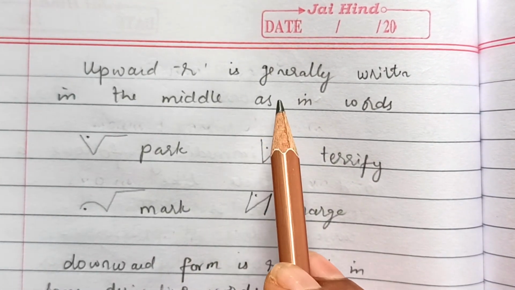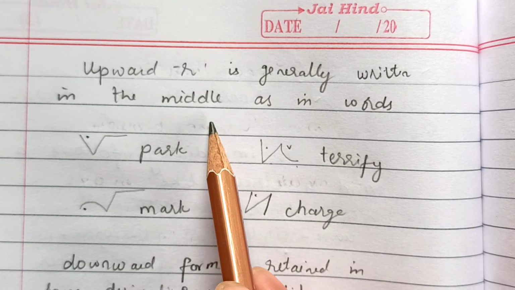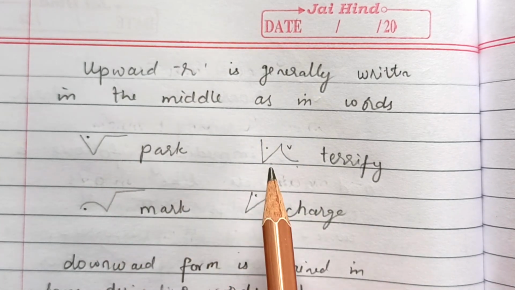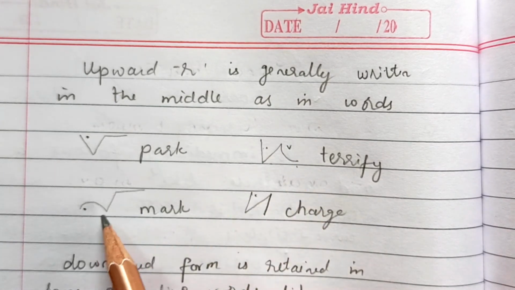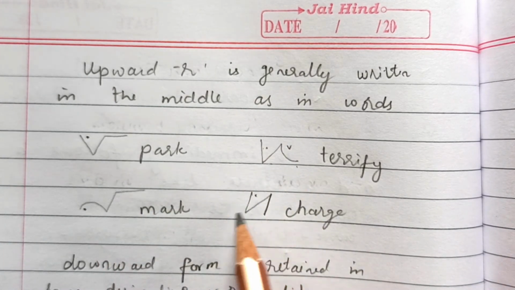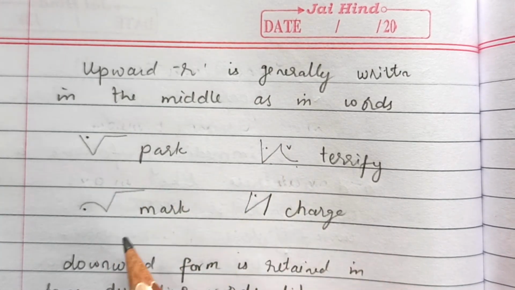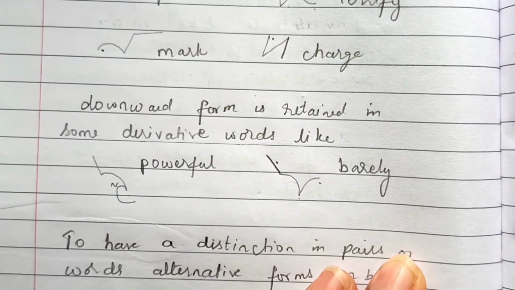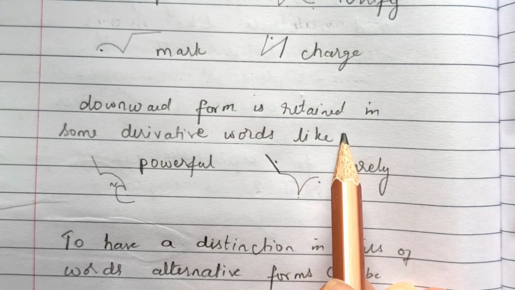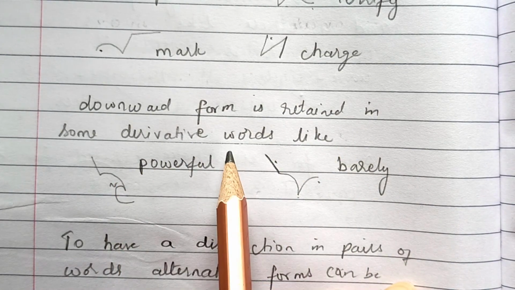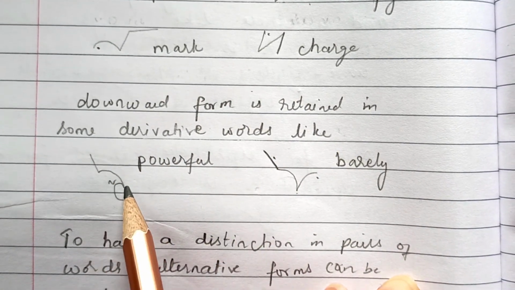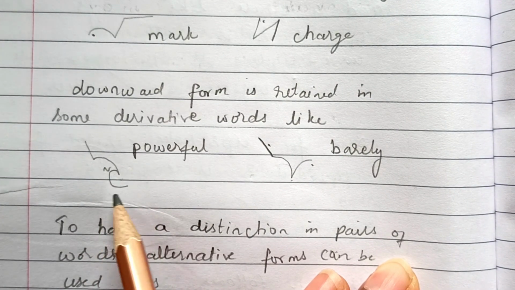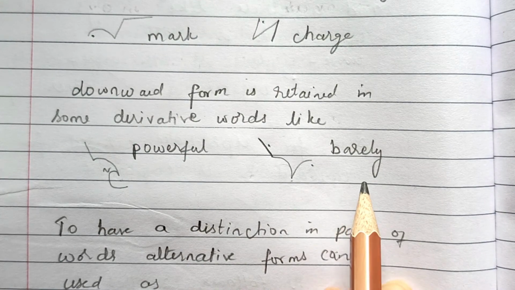An upward R is generally written in the middle also, as in the words park, terrify, mark, charge, where we are using an upward R. But in some words, the downward form is retained in the derivatives like powerful, where we have a downward R, powerful and barely.